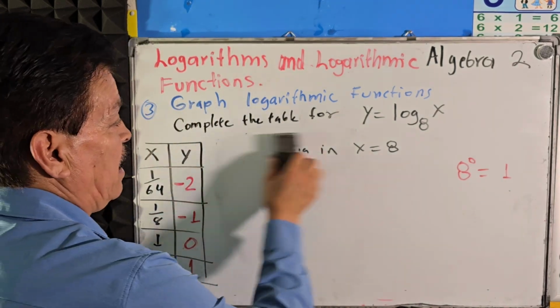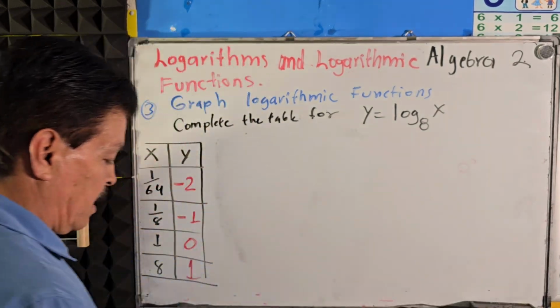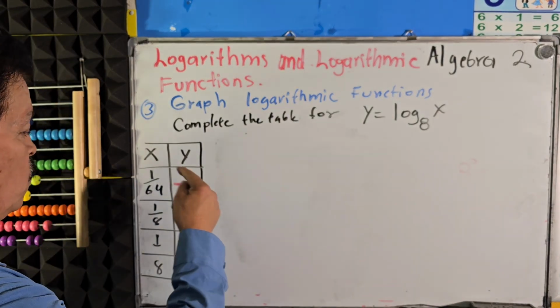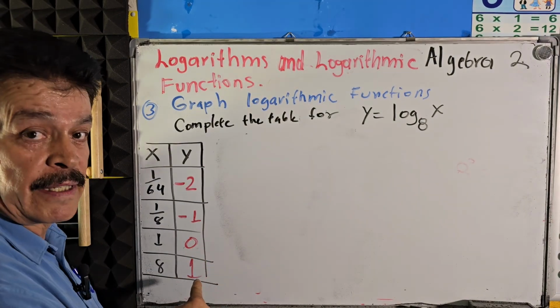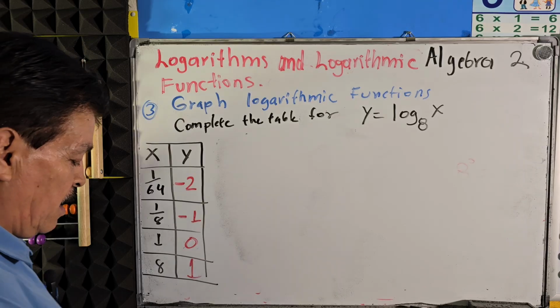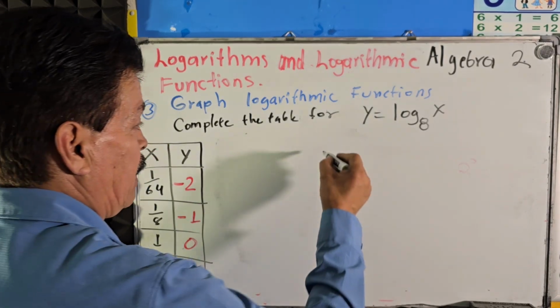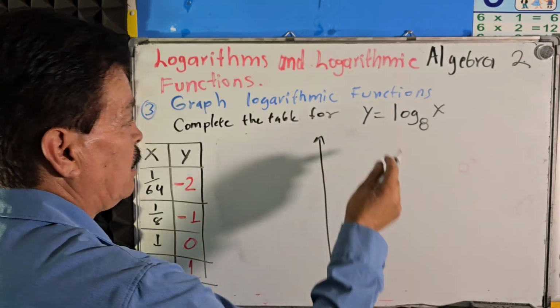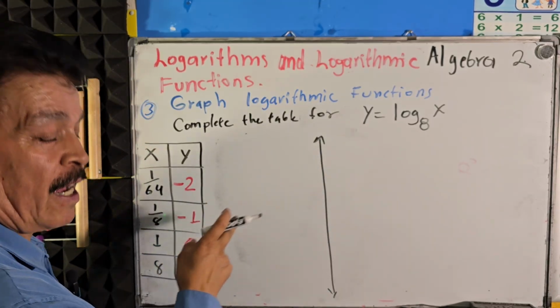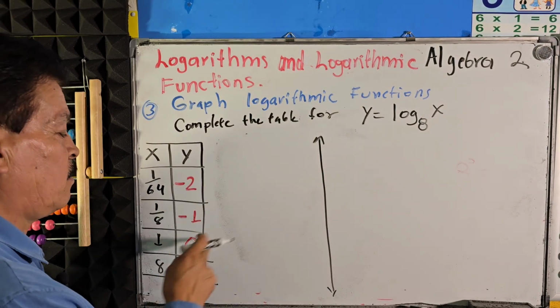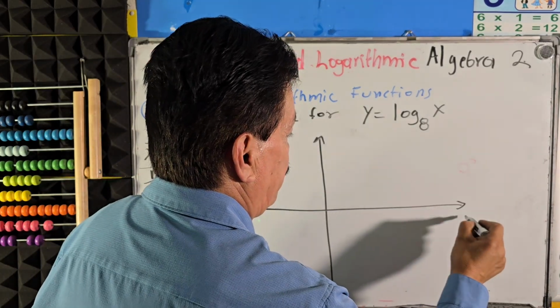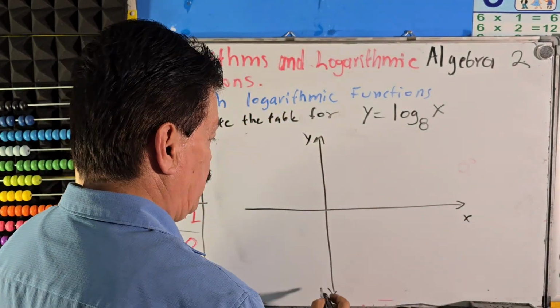So we have everything now for the graph. Now we have to make the graph. We have negative 2, negative 1, 0, and 1. The numbers are in this order. So now let's make the graph right here. I will solve another problem because maybe I made a mistake, but now it's okay. So x and y.